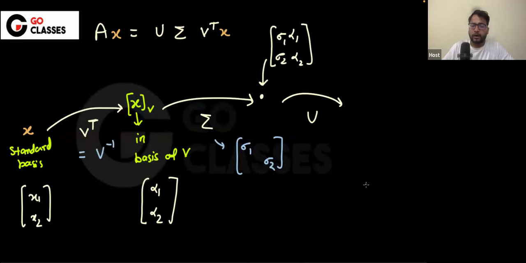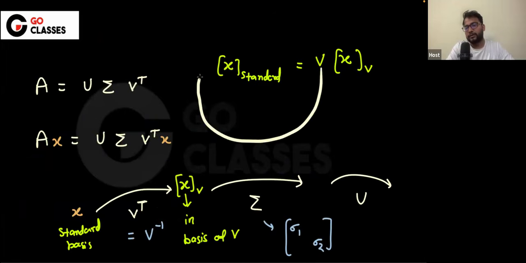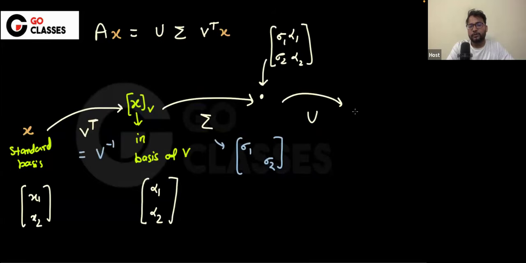Now tell me what happens if you multiply something with, let's suppose, V inverse. As I told you, V inverse, then it will be in the standard basis. I mean, from the standard basis, you can convert to the basis of V, right? But suppose I write like this.